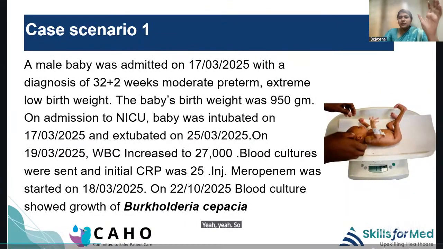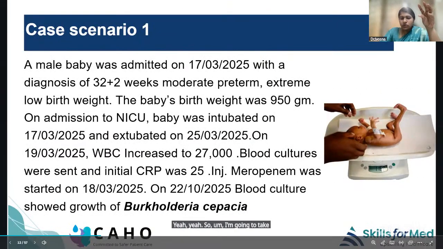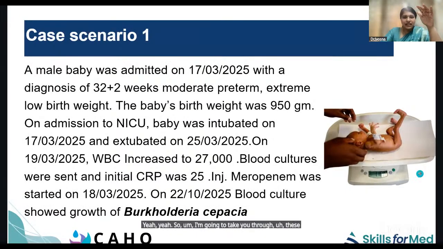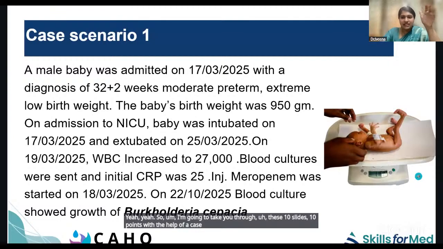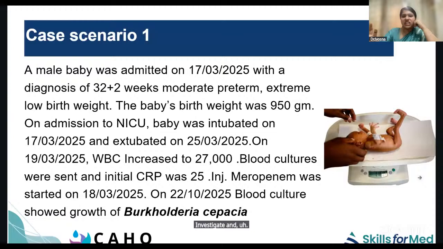So I'm going to take you through these 10 points with the help of a case scenario. Let's see how we can investigate, having a case scenario in our mind.